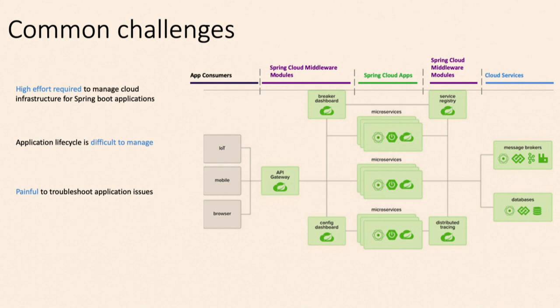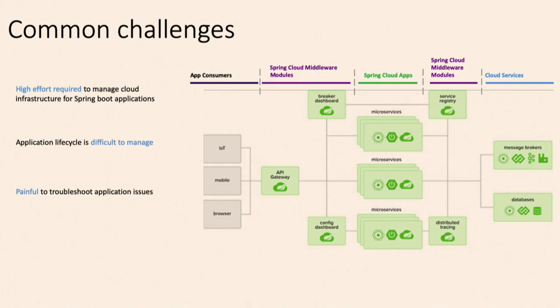The first one is if you want to manage your microservices, you've got some effort just to run them, update them, scale them. You've also got an effort to have a few services running, like circuit breaker, service discovery, configuration. And when you've got a microservice architecture, the third issue is troubleshooting, like logs management, but also distributed tracing.